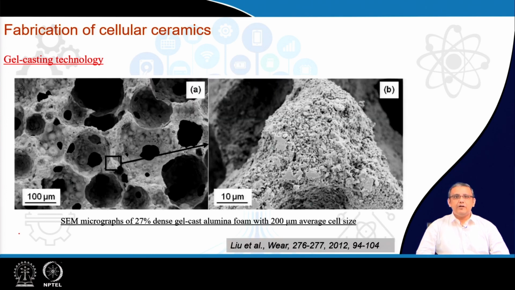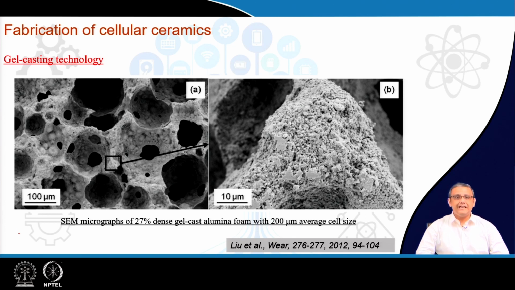A typical morphology of a gel cast alumina ceramic is shown in this slide, where the left hand side shows the gelled foams, where you can see that large pores are visible and also the pores are interpenetrating. That means there is a continuous channel between the pores through which multiple pores combine.